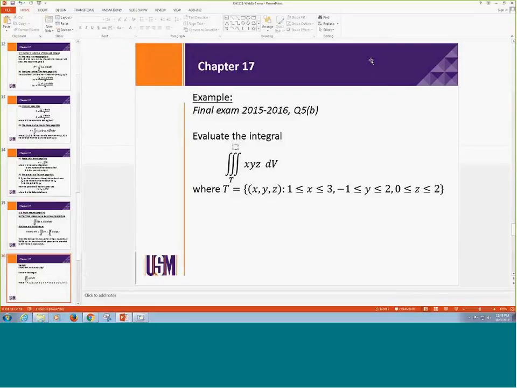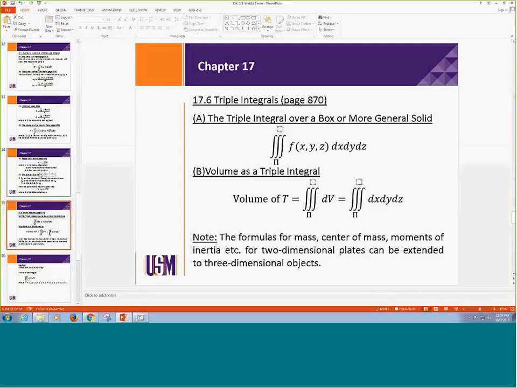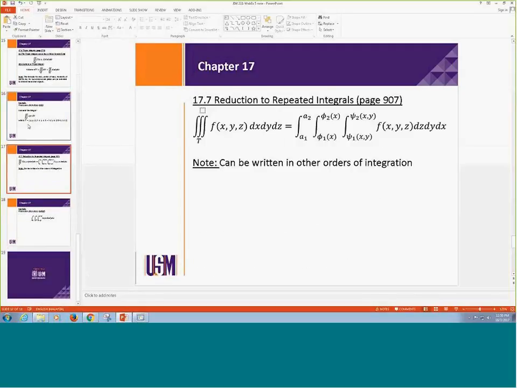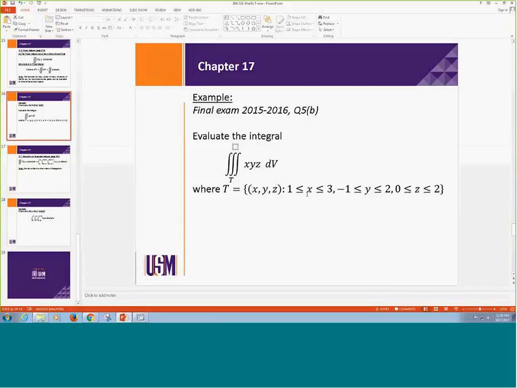Your T is x from 1 to 3, y from negative 1 to 2, and z from 0 to 2. According to the formula here, there's nothing else. If all limits are constant, then it would be very easy.